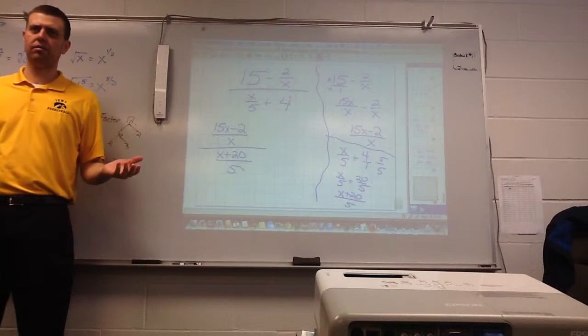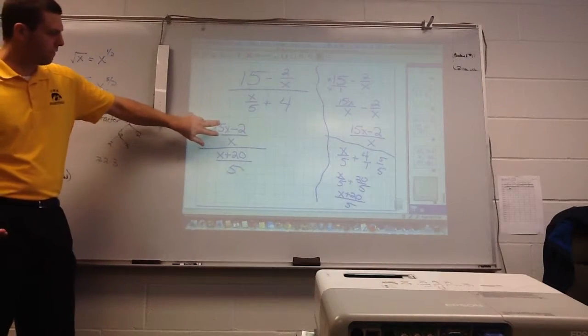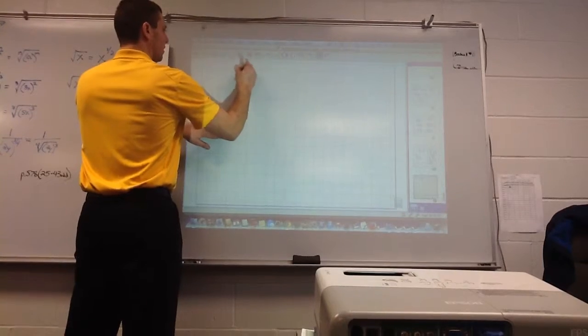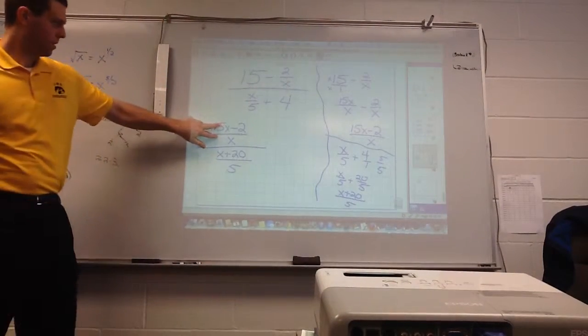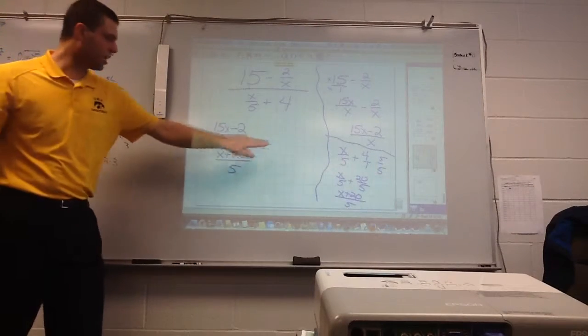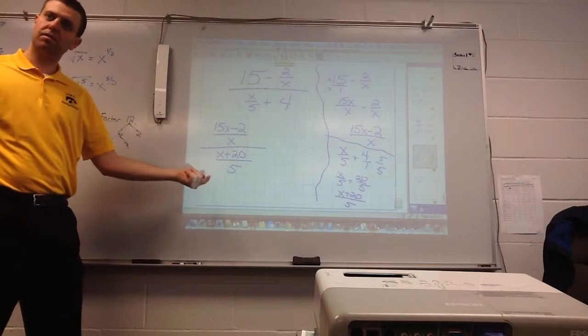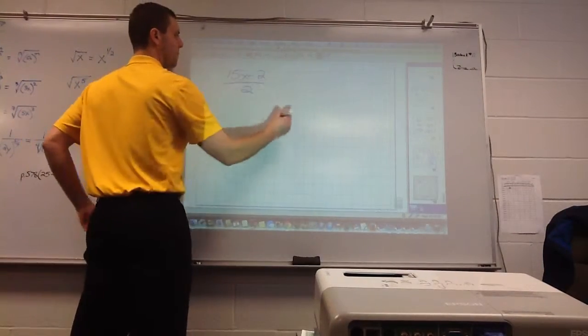Multiply by the reciprocal. So to finish this problem, I'm going to take 15x minus 2 over x. I'm going to take this, and instead of dividing it by this, I'm going to multiply it by its reciprocal. So I'm going to multiply by 5 over x plus 20.